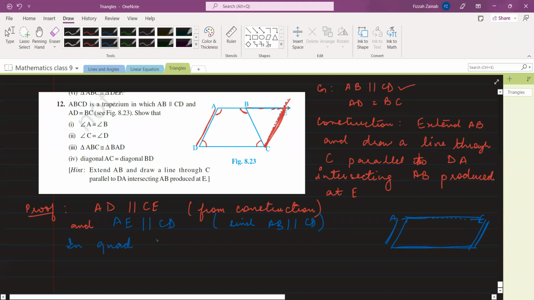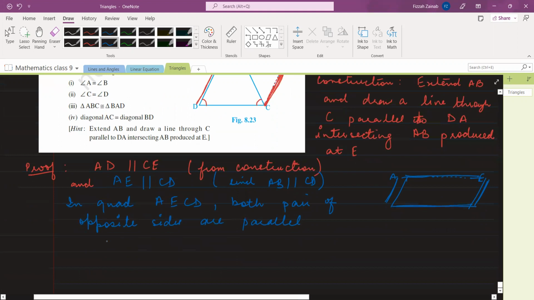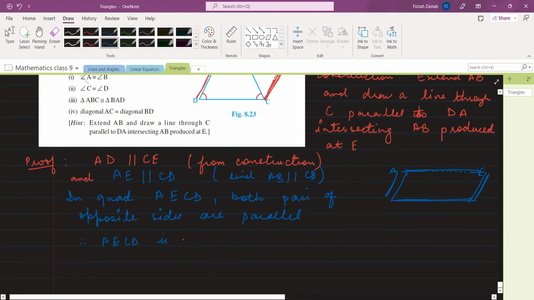So in quadrilateral AECD, both pairs of opposite sides are parallel. So therefore AECD is a parallelogram. Understand? Yes. Okay.